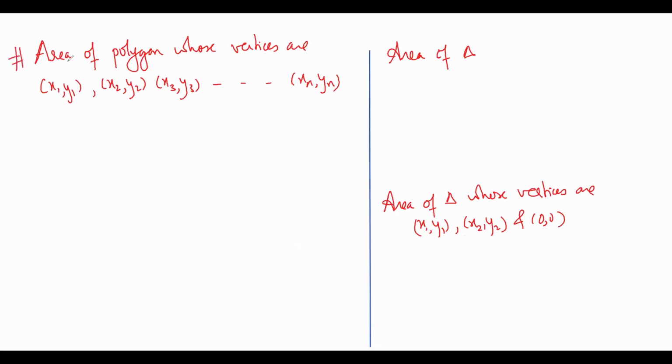This is the area of a polygon, a regular polygon, whose vertices are given to us. So from vertices, we can find the area of any parallelogram, hexagon, pentagon. How?